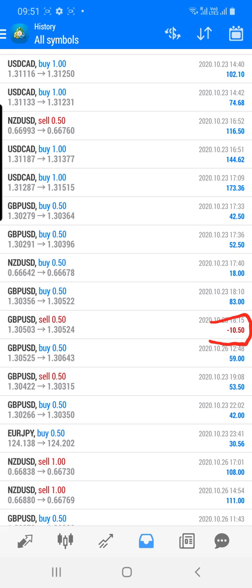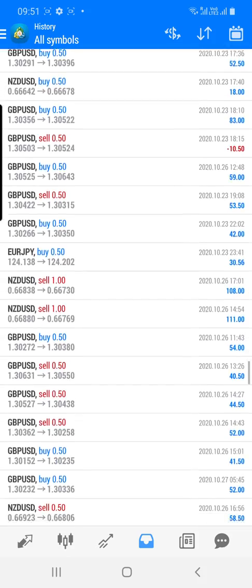So I closed it quickly and longed, and I closed it at $59 profit. After it moved to a resistance level that I know, I then shorted it when it was meant to be shorted. And that's it on this one.